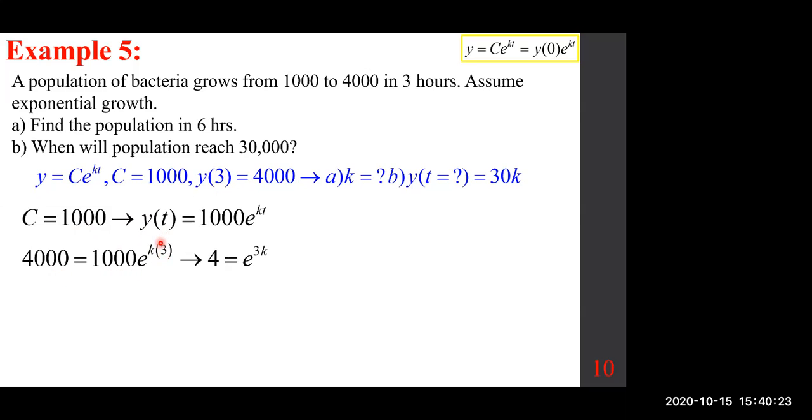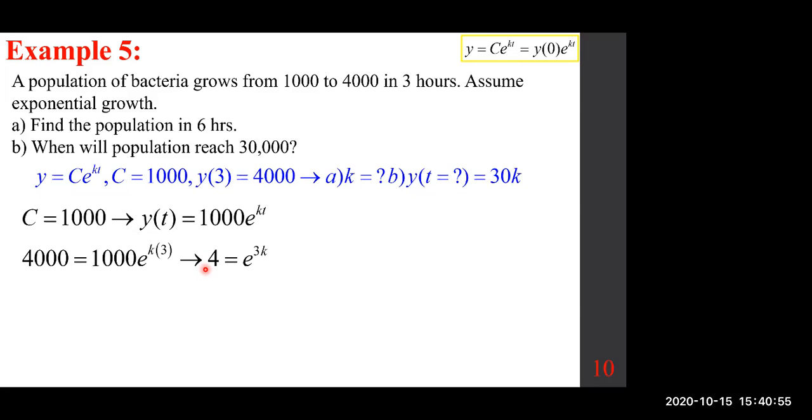I'm going over this very fast because it's basically intermediate algebra and we should be comfortable with it. So one more time, this is the formula with initial size. You replace the t with 3, it's 4,000. Divide by 1,000 and you get 4 equals e to the power of k times 3, or 3k. What is the next step? Natural log. So take a natural log of both sides.